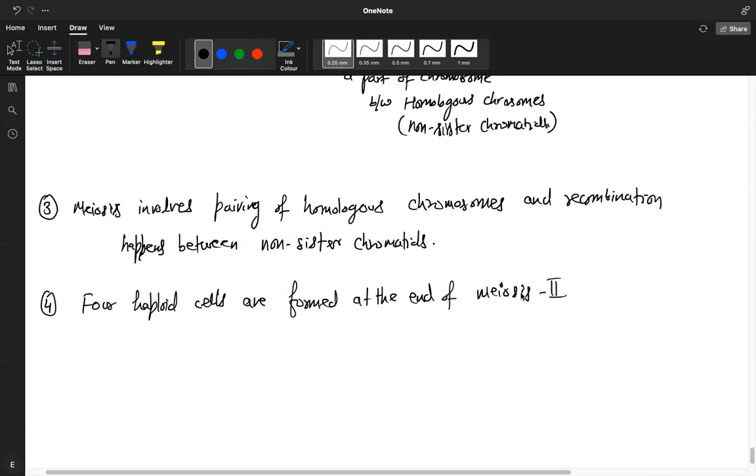Meiosis-2 is where it ends. And you already know that Meiosis-1 is reductional, but Meiosis-2 just mimics the mitosis. Yes or no?